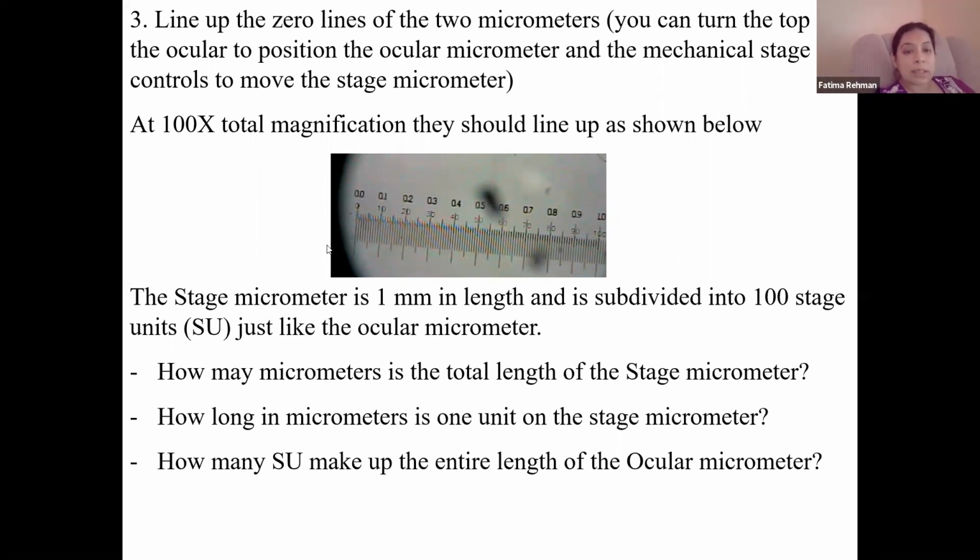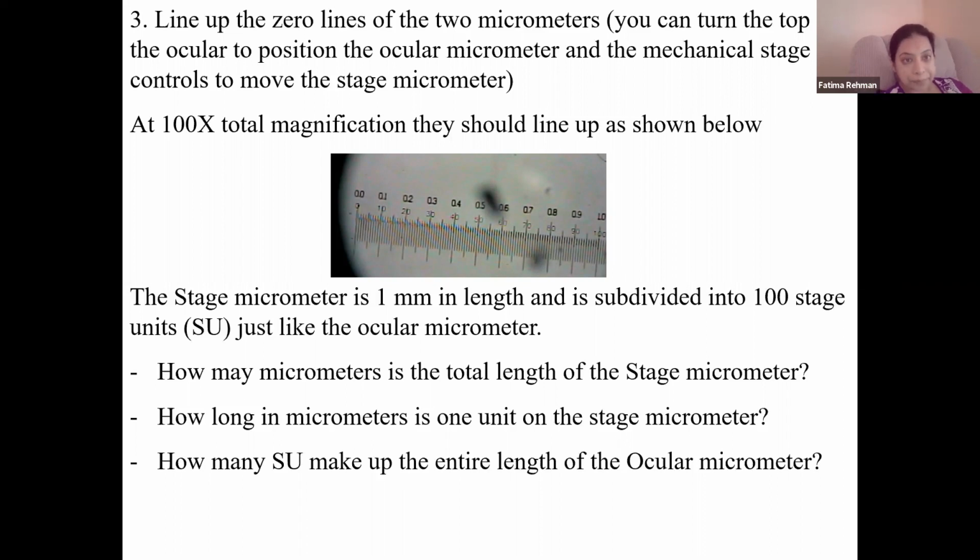We then take our stage micrometer, so our slide, and we bring it up and focus it so that I can see both the stage micrometer and the ocular micrometer. And two, I move the slide so that I line up both of them at their beginning. So I line them right on top of each other, starting at the 0 point of those rulers.